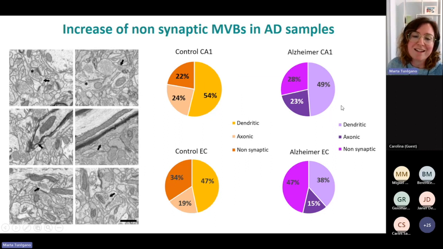Or the other theory that I have is that because we have loss of synapses in Alzheimer's, we can't identify if the multivesicular bodies are in a fiber that is receiving or making a synapse, if it's an axon or a dendrite. So maybe they are in fibers that are losing synapses because of the Alzheimer's pathology.